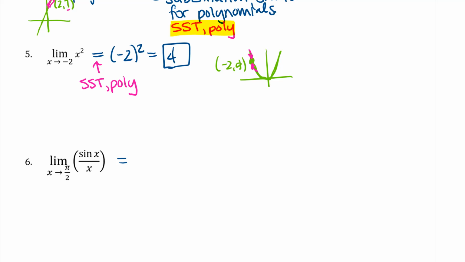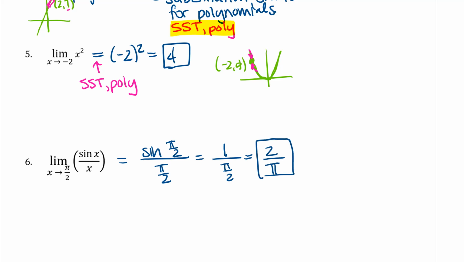I'm using substitution shortcut theorems here, so I'm going to substitute in pi over 2. Remembering that this is not really what limits are about, but when this substitution works, it's a handy thing to be able to do. All right, sine of pi over 2, just thinking about your unit circle there, is 1, and then the denominator is just pi over 2, and so when I simplify that, I get 2 over pi in exact form.